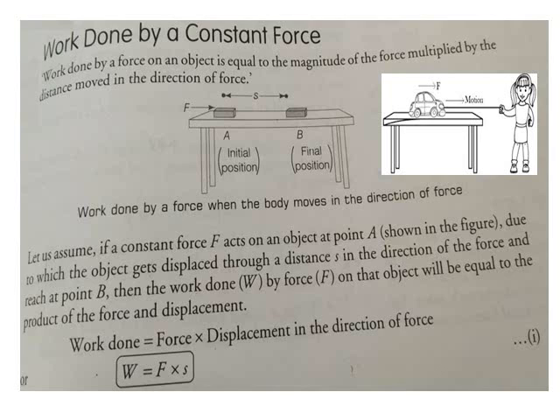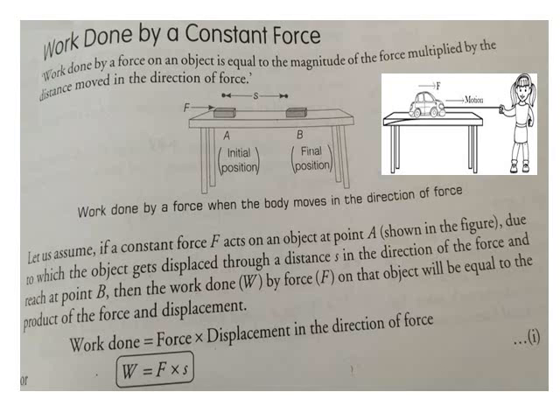Let us assume a constant force F acts on an object at a point A, due to which the object gets displaced through a distance S in the direction of the force, and then it reaches the point B. Then the work done W by the force F on the object will be equal to the product, product means multiplication, of the force and displacement.